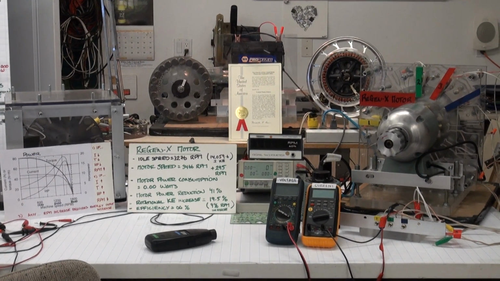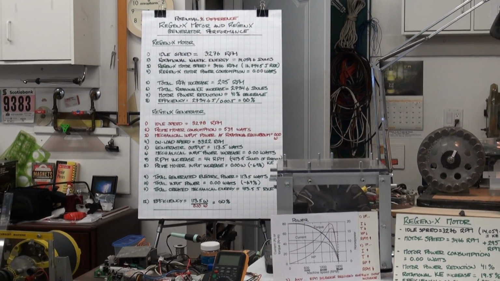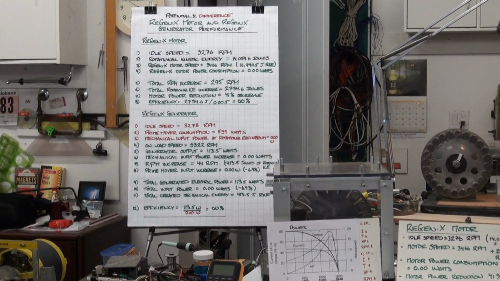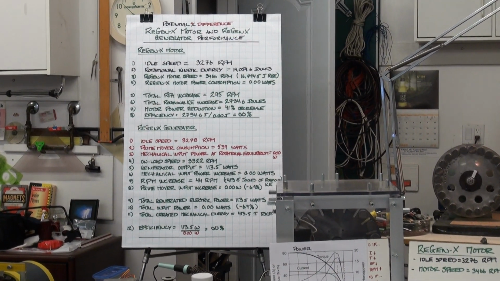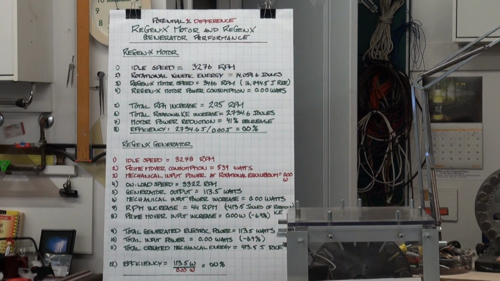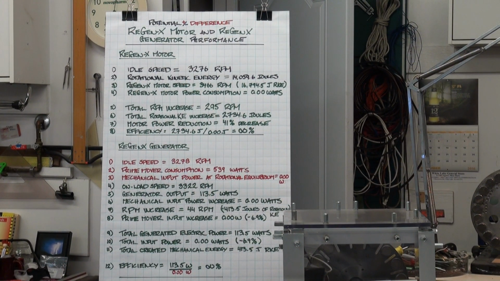So the data summary is our idle speed for the ReGen-X motor. Item number 1 was about 3,276 RPM.